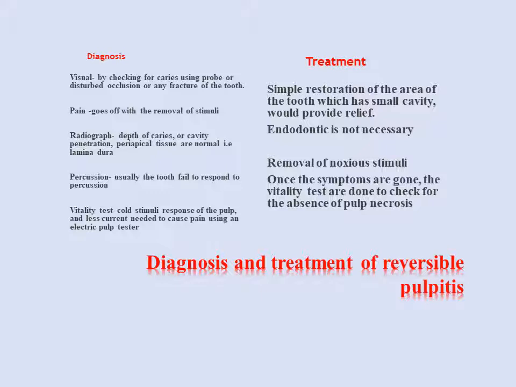The treatment is simple restoration of the area of the tooth which has a small cavity, which would provide relief. Usually endodontic treatment is not necessary, and when the symptoms are relieved and we have done the treatment, we will check the vitality again and check for the absence of pulp necrosis.